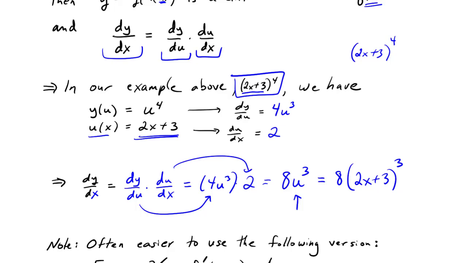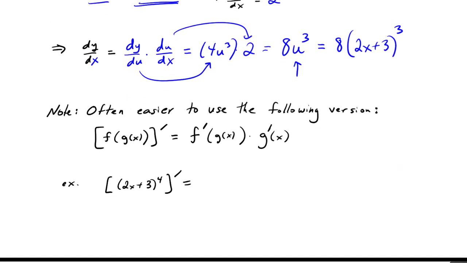Ordinarily, we don't have to go through all of that dependence on another variable in there. So it's often easier to think of it in this framework. Let's call the composite function f of g of x. Okay, and we're not always going to have to explicitly list what is f of x, what is g of x.